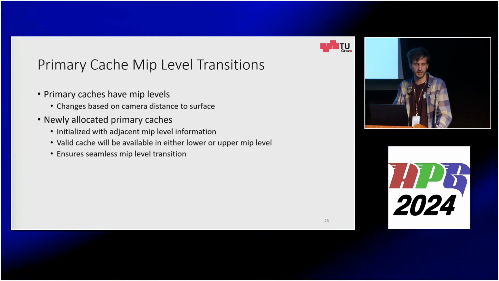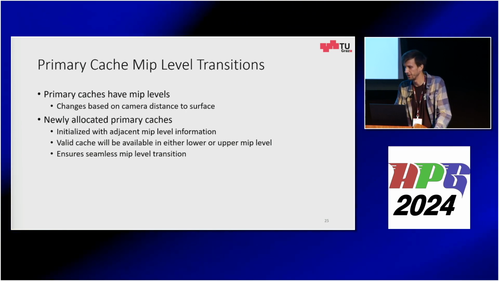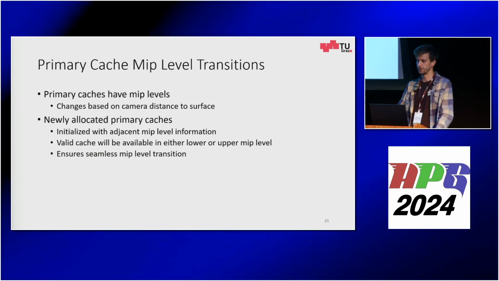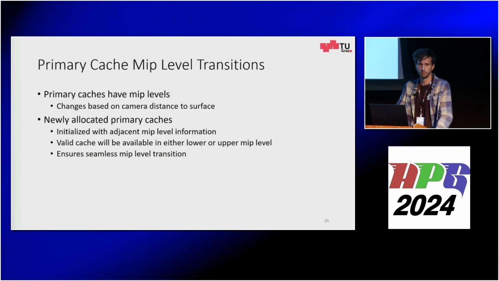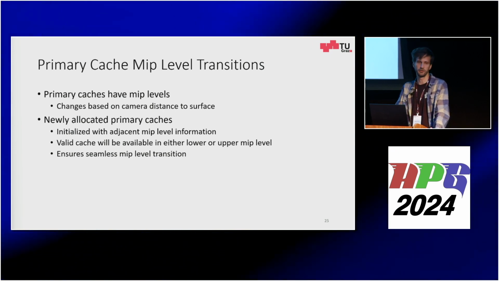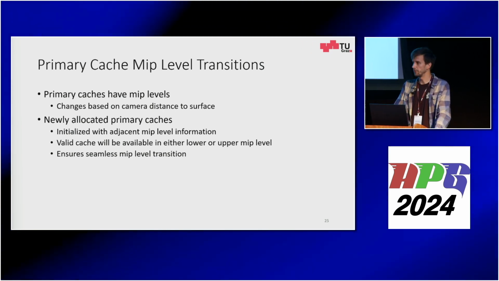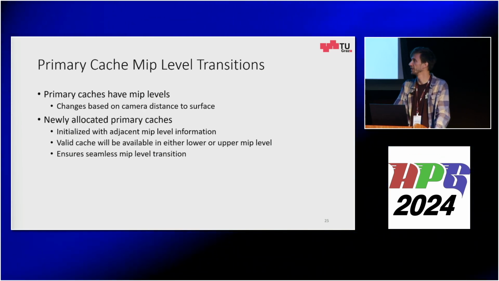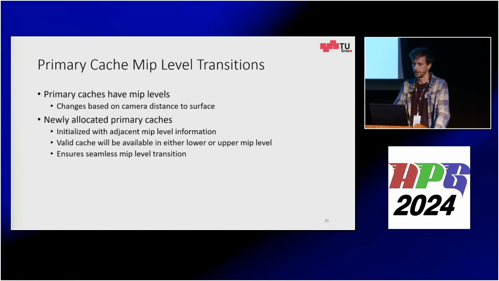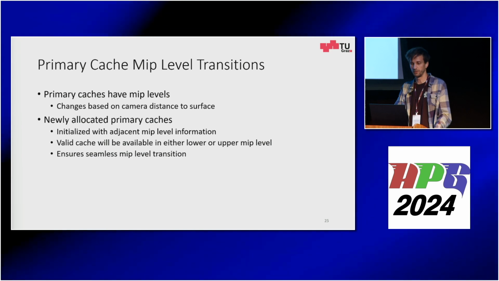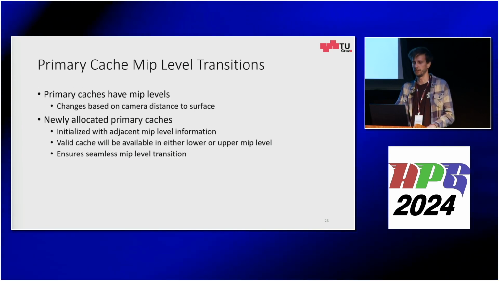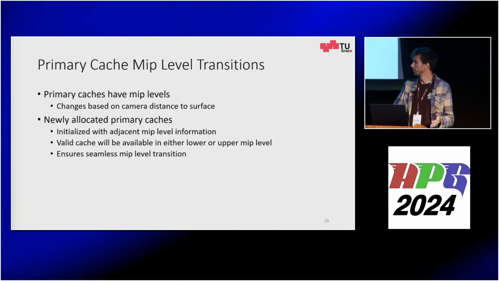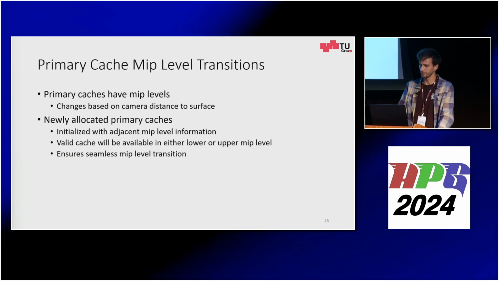Of course, you want to initialize them with proper values, or else you have some popping or flickering artifacts. To prevent this, we search in adjacent MIP levels for valid cache entries, and we use them for the initialization of our newly spawned probes. If a MIP level change occurs, there will be a valid cache entry in the lower and the higher level. And this is how we ensure a seamless MIP level transition.